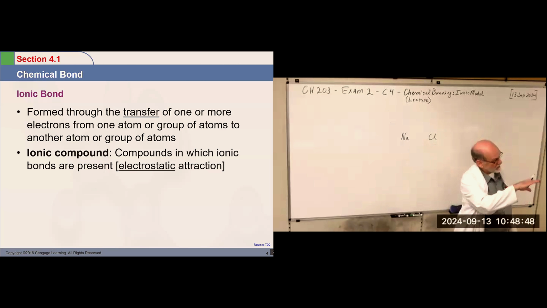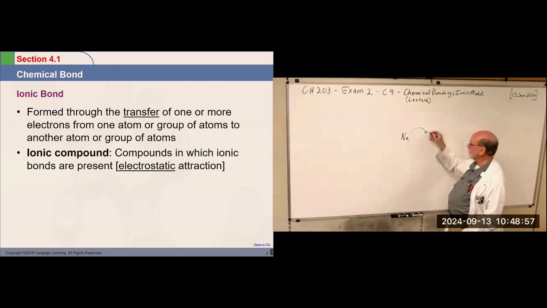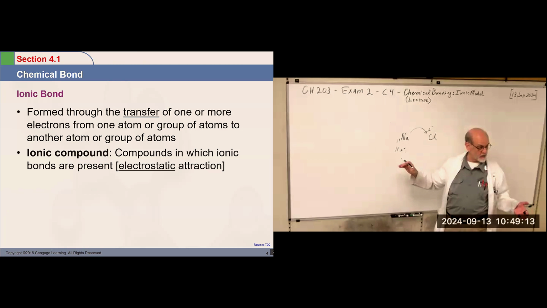Chlorine is a halogen on the far right side, and the halogens just love to accept one electron. So we get a transfer of one electron over here, and that makes, let's see, sodium is 11 protons, right? 11 protons, 11 electrons. So if we take one of these negatives and transfer it over there, we get a net positive charge, right? We have 11 positives and 10 negatives, which gives us plus one charge.